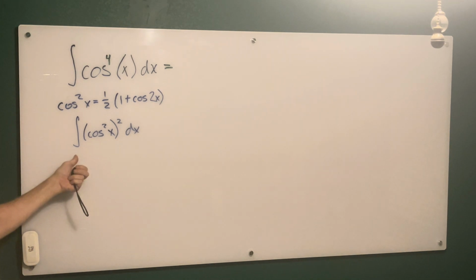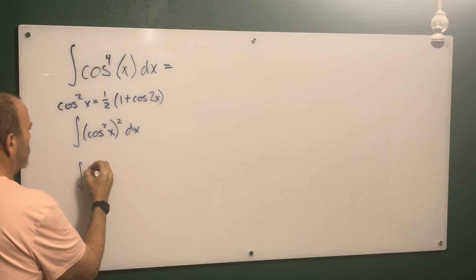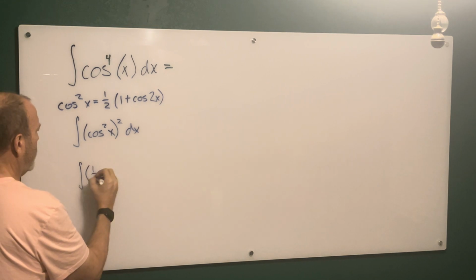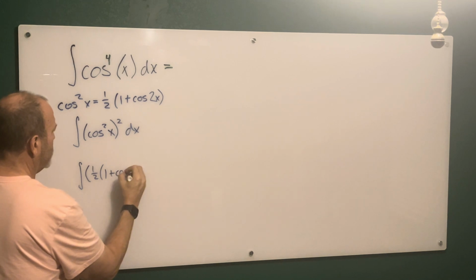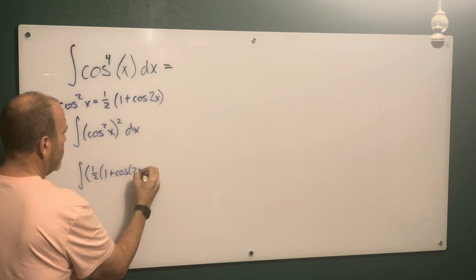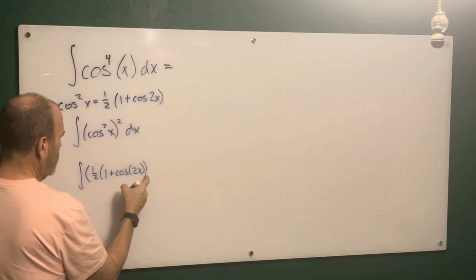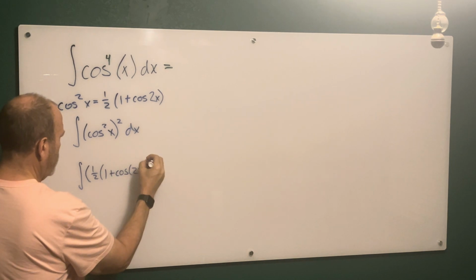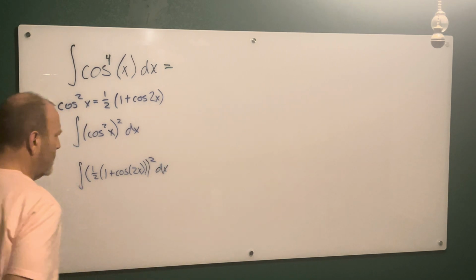And if we think of it that way, then we can just substitute this. So we have 1/2 times 1 plus cosine 2x, quantity squared, dx.